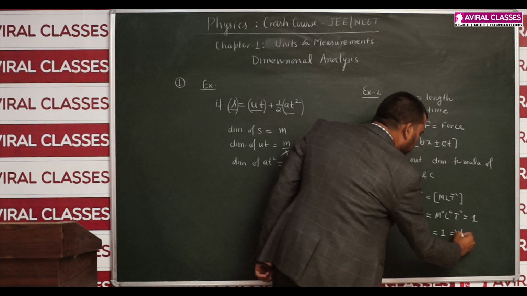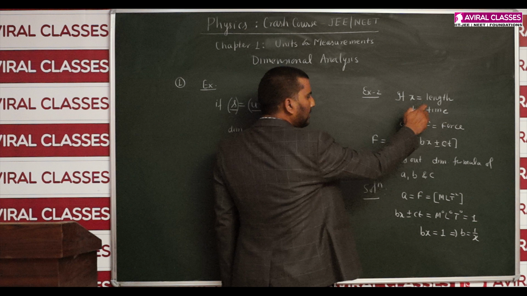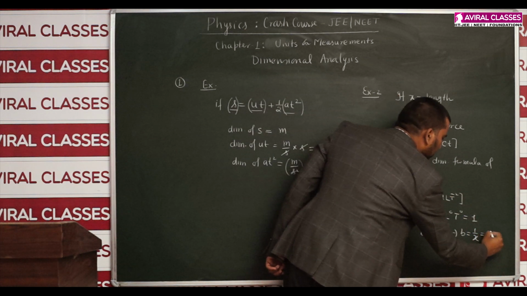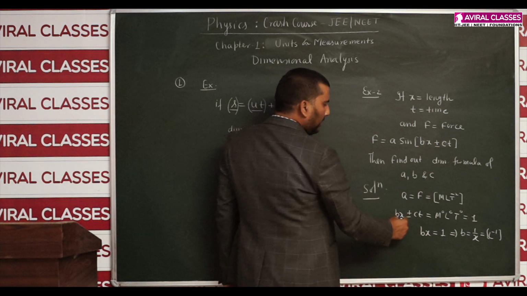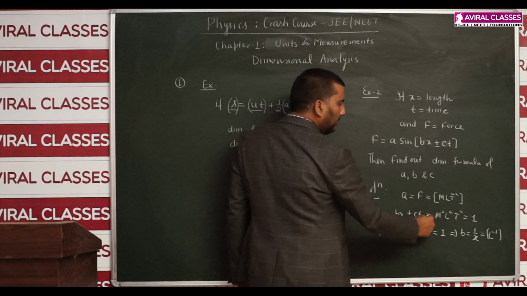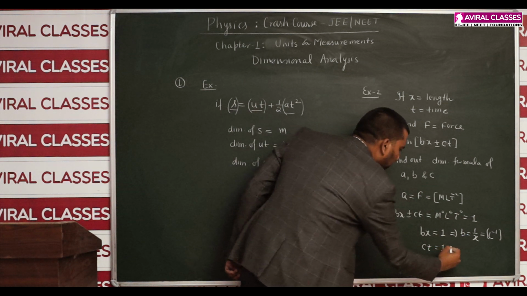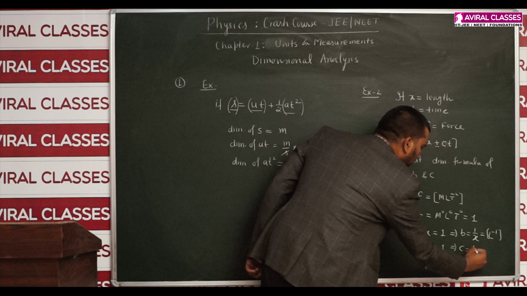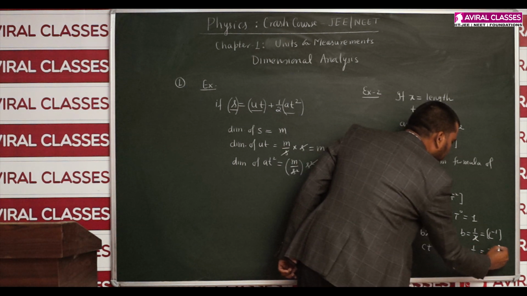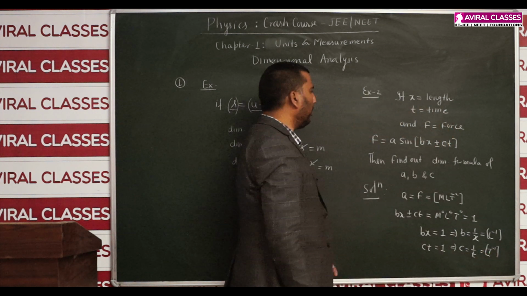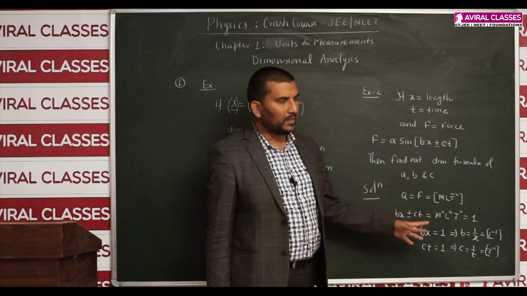Here B becomes 1 by x, and x is given as length. Length is meter, so it is L minus 1. Similarly, bx must be equal to ct, must be equal to 1. So ct also is equal to 1, and C is equal to 1 by t, and t is time, so it is T minus 1. Now we all know what is A, what is B, what is C.